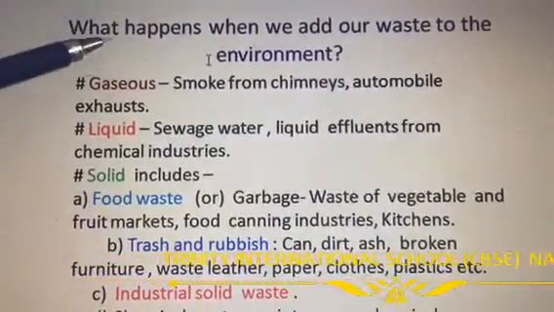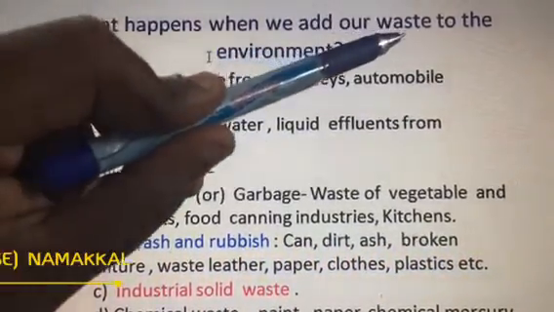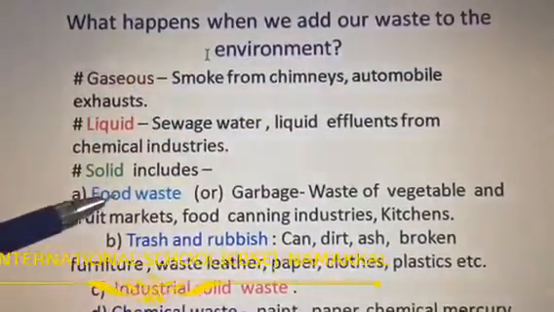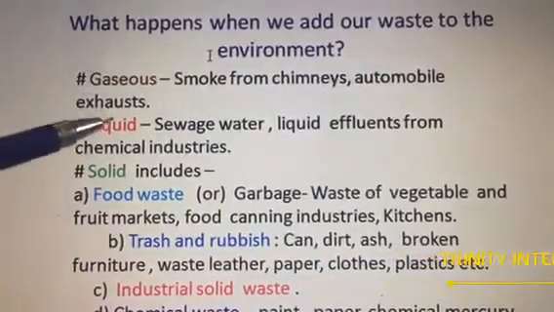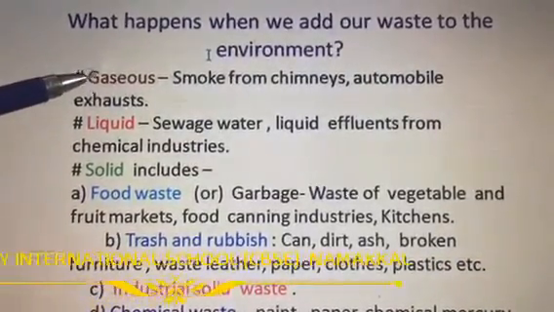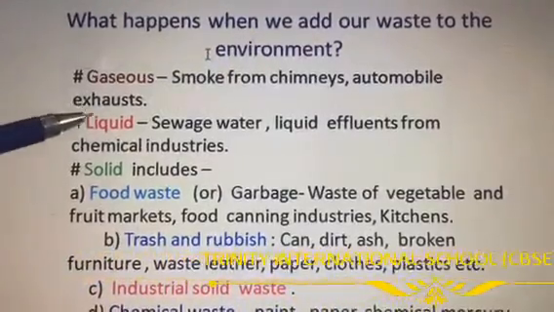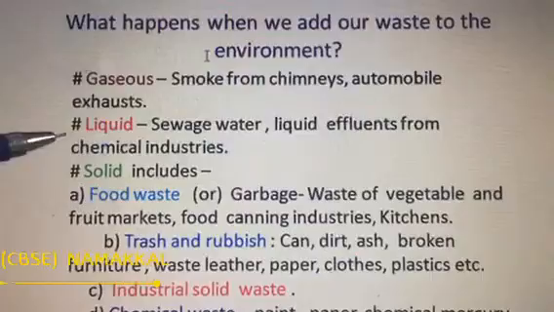Now, what happens when we add our waste to the environment? The waste may be gaseous, liquid, or solid. In these 3 states, the waste is there.